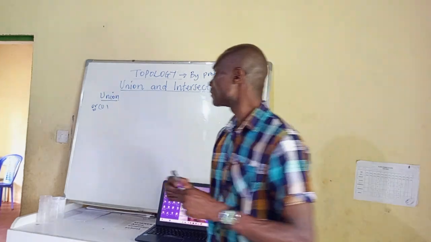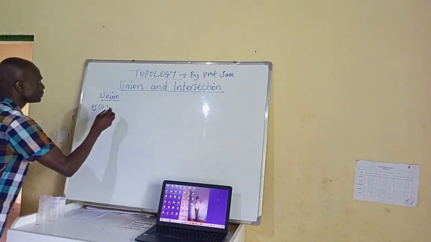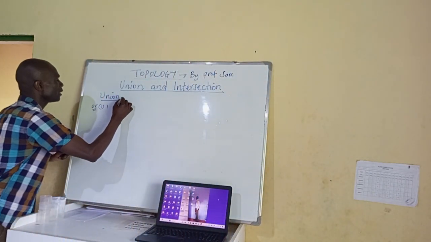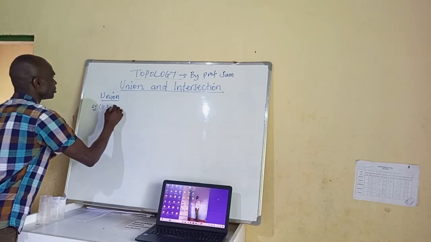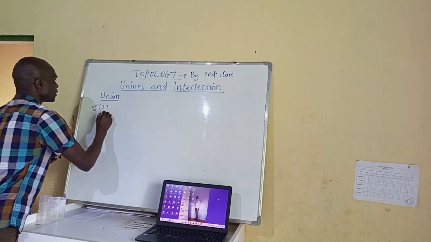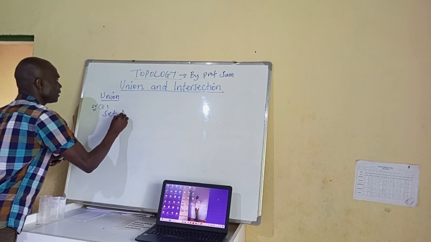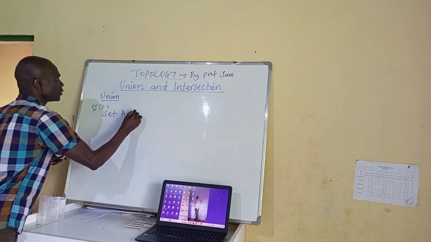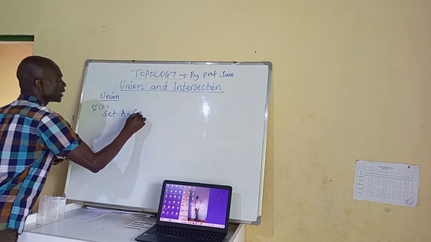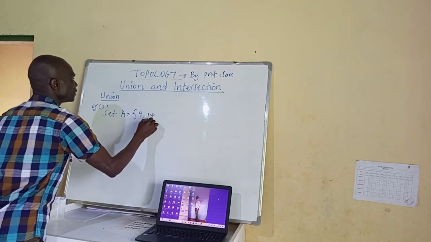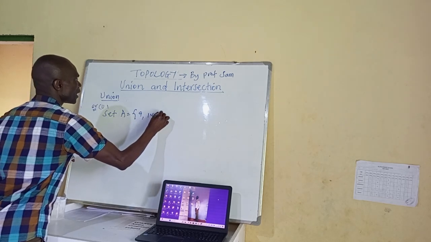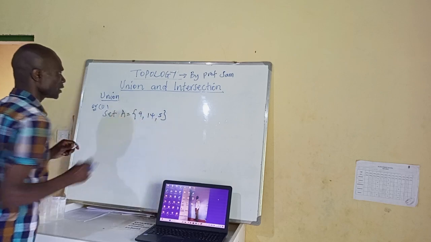Let's say we have set A, which has maybe 9, 14, 5.